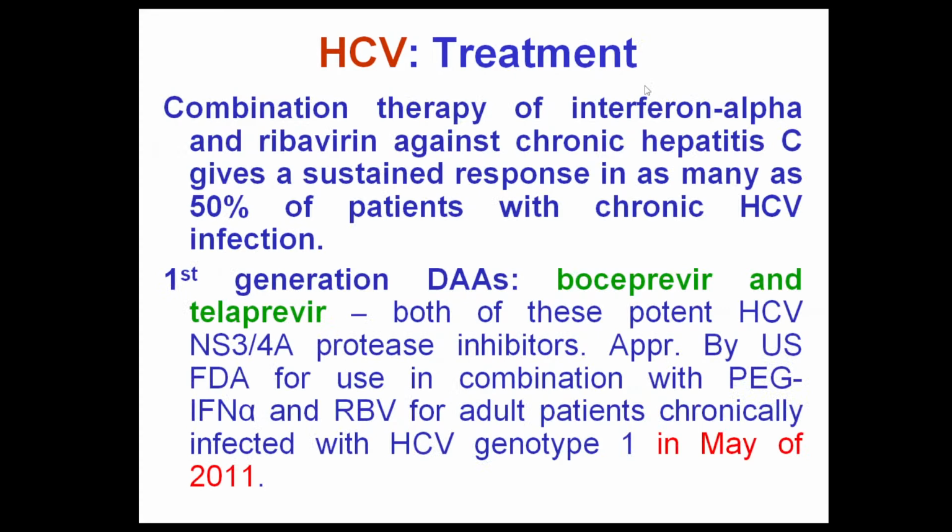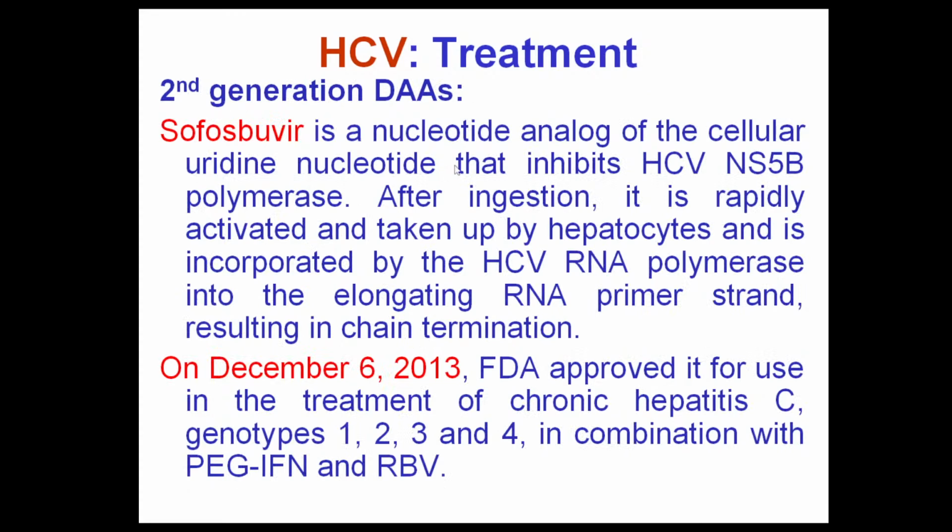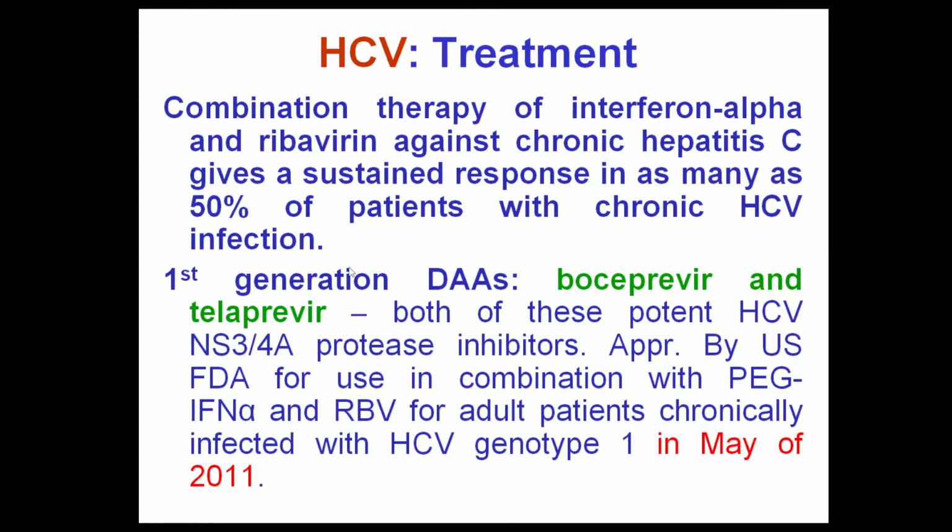But thank God now we have a quite good combination therapy of interferon alpha and ribavirin before, and now, instead of ribavirin, we can use first or second generations of the antiviral drugs produced against hepatitis C virus. So these are boceprevir and telaprevir, both of which inhibit the non-structural protease.